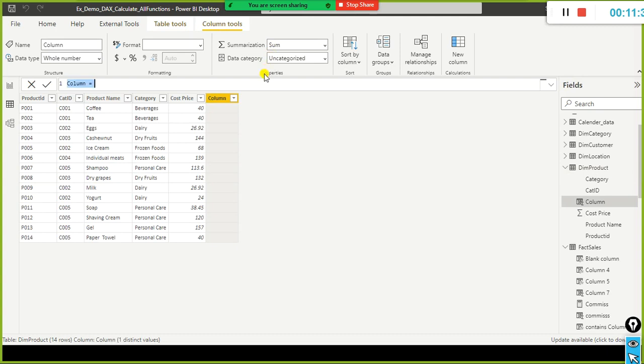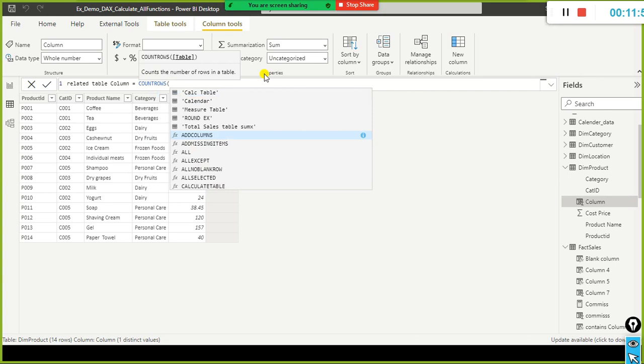Okay, here what I'm going to do is, I'm going to use a related table column. So here I'm going to use something called the COUNTROWS function.